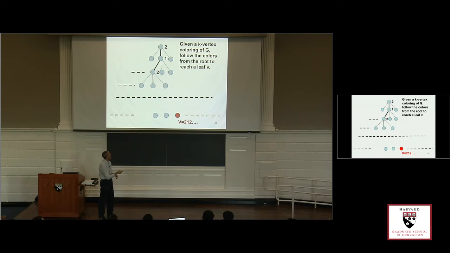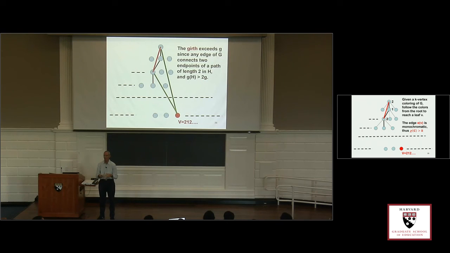And then, just by the definition, the edge that this leaf contributed is monochromatic, because it was an edge that connected two vertices for which the x values were the same, and the x values are the colors, because this is how we went. So for any k-coloring, there is a monochromatic edge, and therefore the chromatic number is bigger than k.